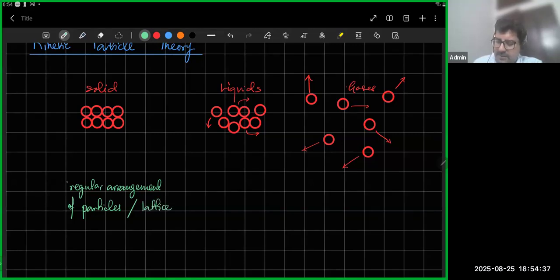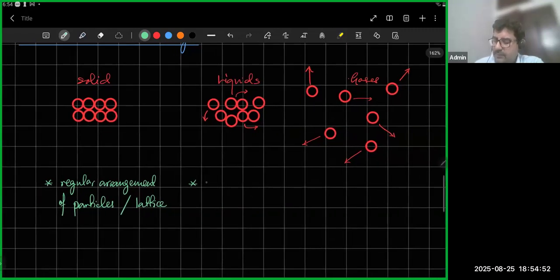A regular lattice or just a lattice. Later on we'll talk about ionic lattices and metallic lattices. So it's a regular arrangement of particles. The keywords are very important. The next one is an irregular arrangement. That is not a lattice arrangement. Your last one is also an irregular arrangement.